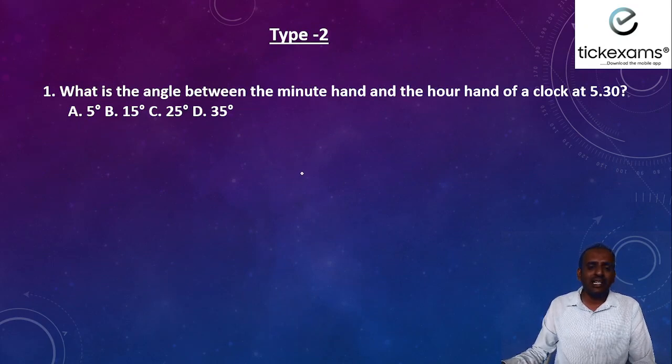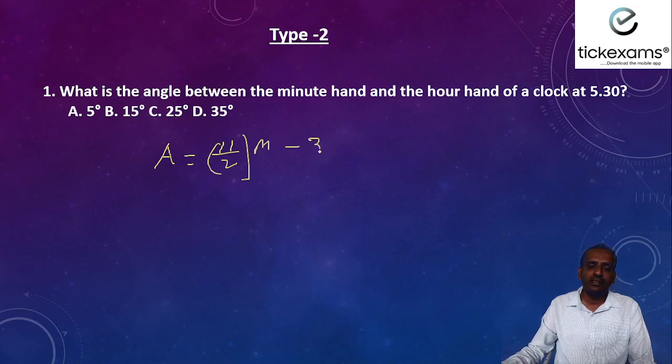What is the angle between the minute hand and hour hand of a clock at 5:30? Since this is in the first half of the clock, we will use A is equal to 11 by 2 m minus 30 h.